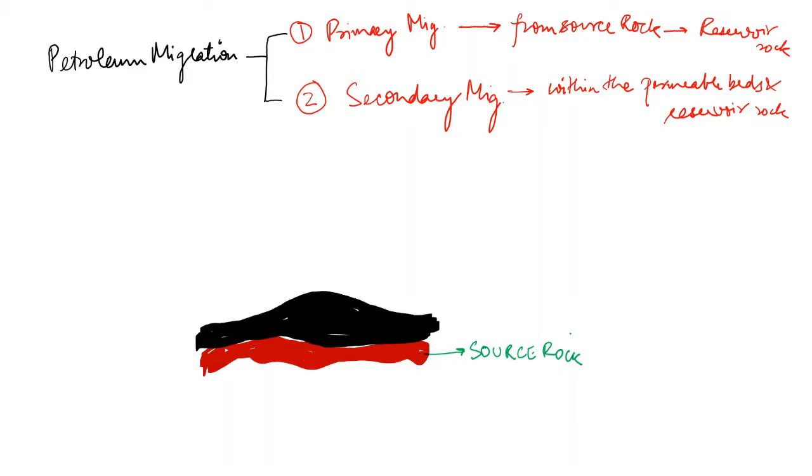Source rock. And let us imagine that the source rock is a shale bed, while this is a carrier bed. When I say carrier bed, it means it is a permeable bed. So let us consider it to be a sandstone. We know that sandstone is porous and permeable.